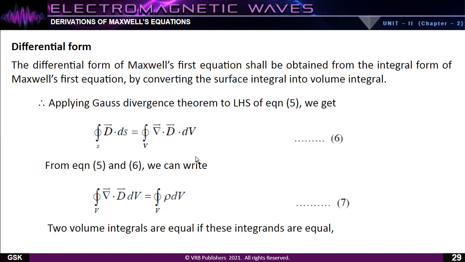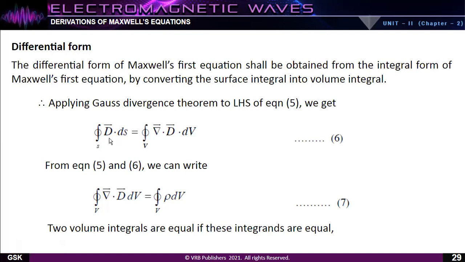The differential form of Maxwell's first equation can be obtained from the integral form by converting the surface integral into a volume integral. Whenever an integral is to be converted to differential form, we have to apply the Gauss divergence theorem. Here the Gauss divergence theorem is applied only to the left hand side of the equation, that is, the closed surface integral of D dot ds.